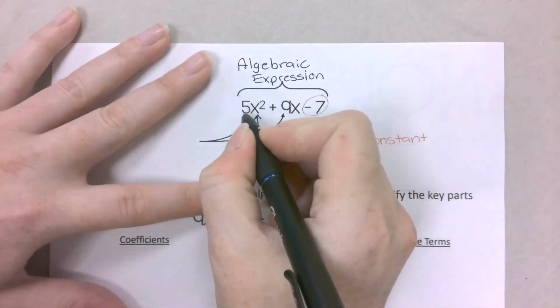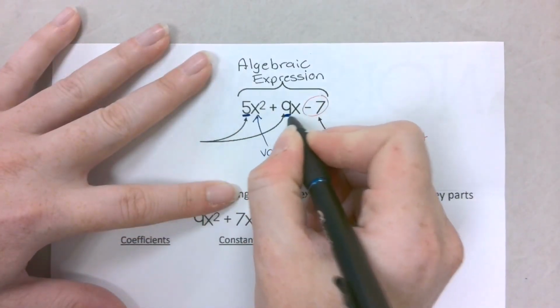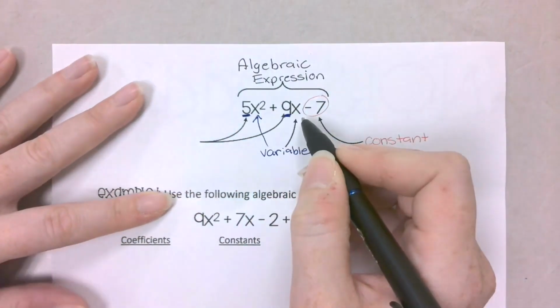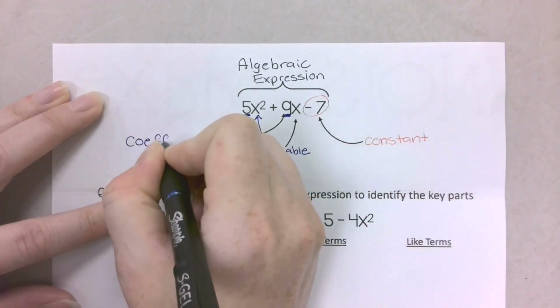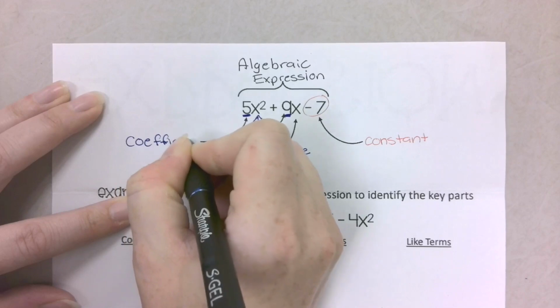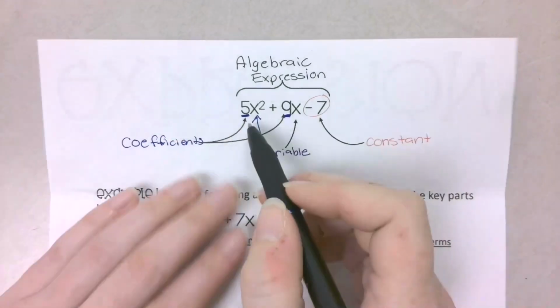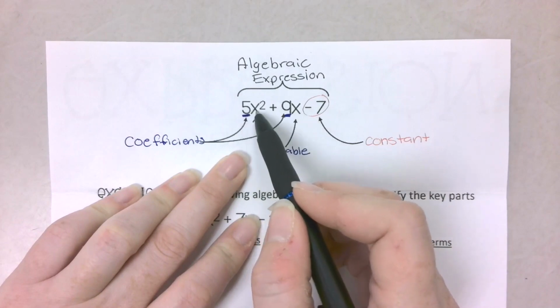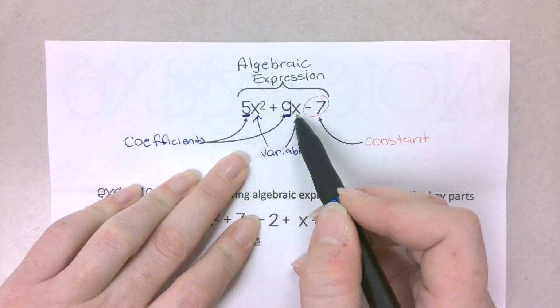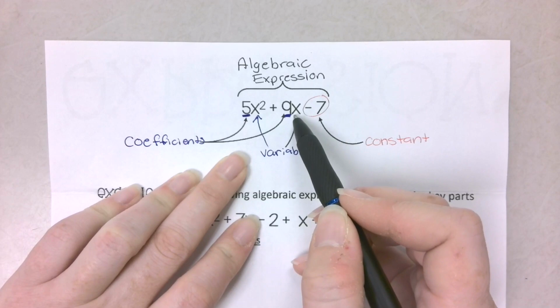Now these numbers that are in front of or connected to our variables using multiplication are called coefficients. Coefficients tell us how many of these we have. So here we would say we have 5 x squareds and we have 9 x's, if you think about our algebra tiles.